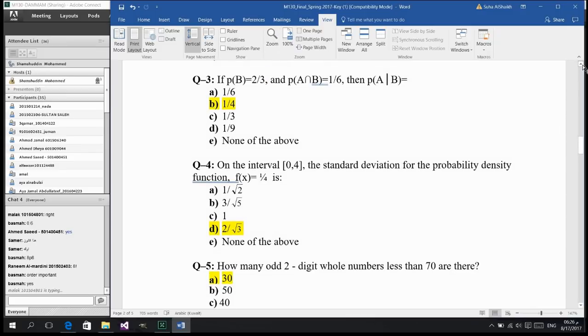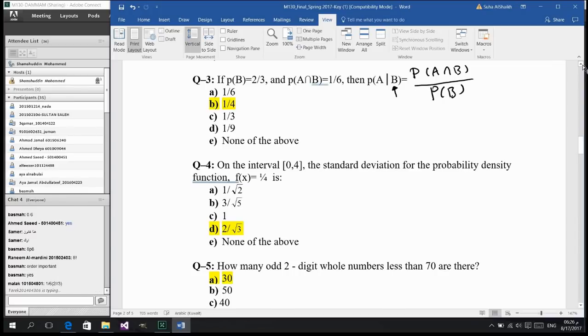This is nothing but the probability of A intersect B divided by the probability of the second one, B. So we divide the intersection, which is 1 over 6, over 2 over 3. You will get the result, which is equal to 1 over 4.